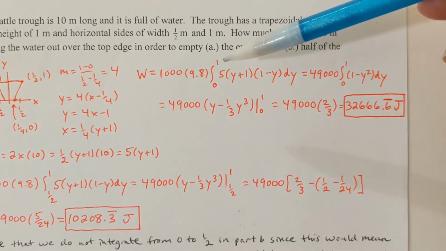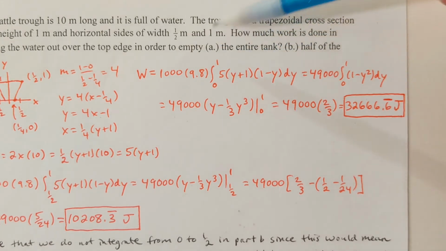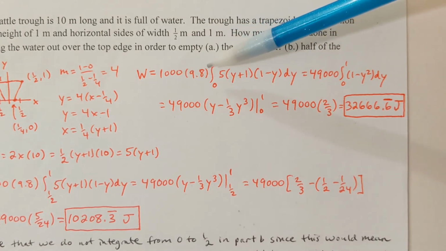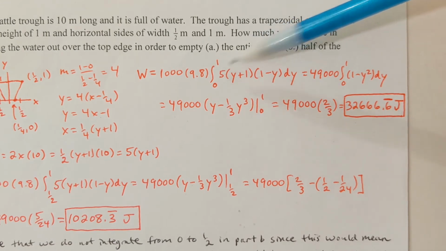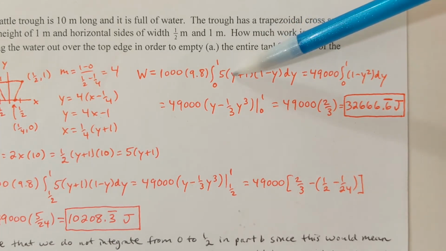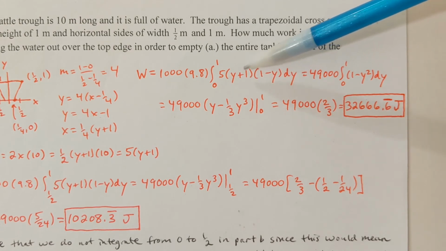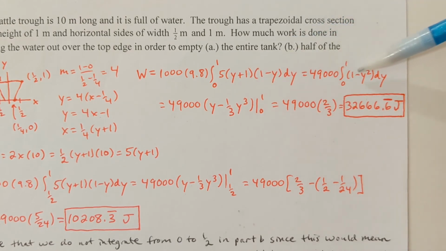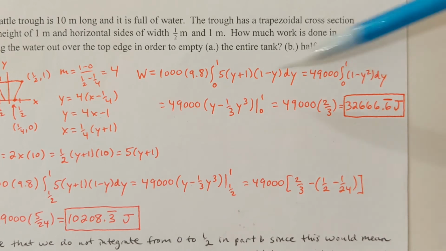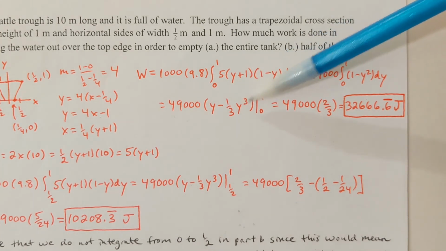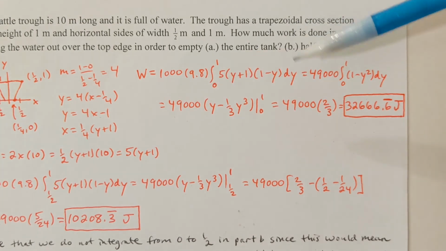And now I'd want to simplify. So if we take 1,000 times 9.8, that would be 9,800, times 5 would be 49,000. I'm going to go ahead and FOIL out y plus 1 times 1 minus y. That'd be 1 minus y squared inside the integral. And then I can take the antiderivative: y minus 1/3 y cubed, times 49,000.